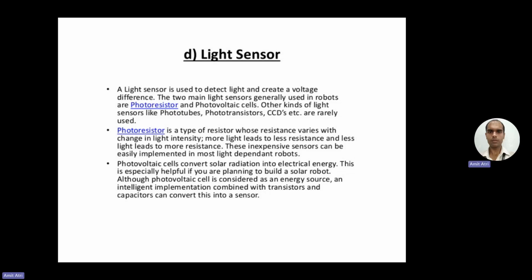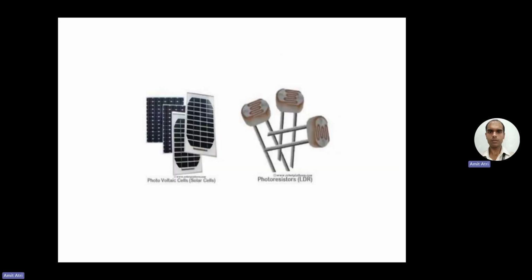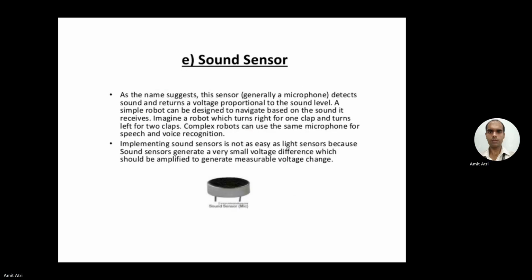Although a photovoltaic cell is considered an energy source, an intelligent implementation combined with transistors and capacitors can convert it into a sensor. If the cell itself is one type of sensor, it is combined with other devices to form a complete sensing unit. The diagrams here show photocells, which are very common nowadays. Okay, next are the photoresistors.